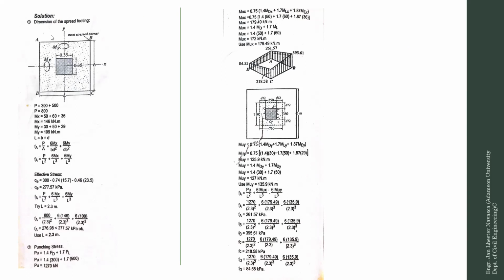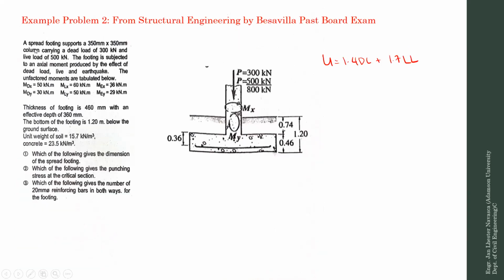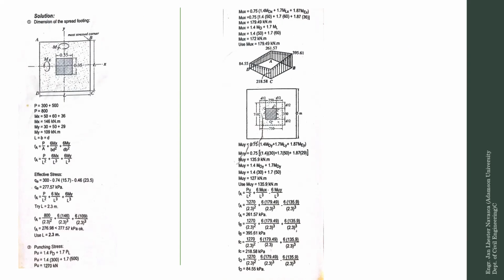So, ang sabi dito, the dimension of the spread footing is, we have 1.2 below the ground surface. Okay, so unknown yung dimension of the footing. So we need to determine first the dimension of the spread footing.